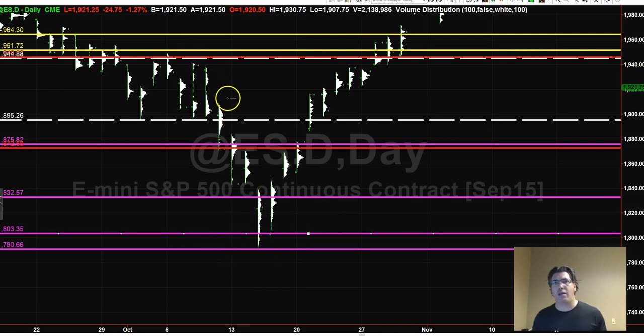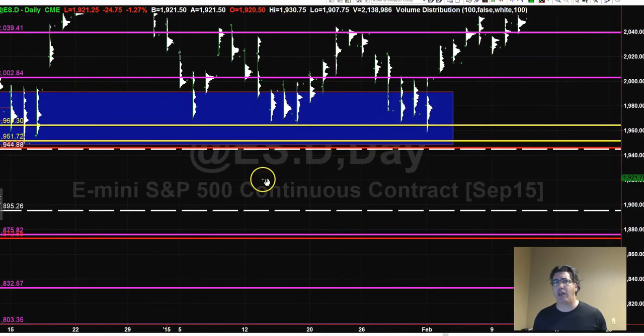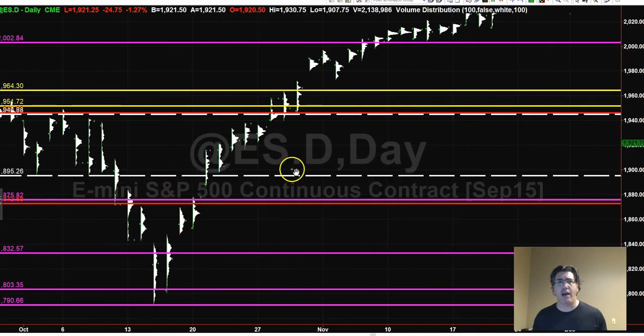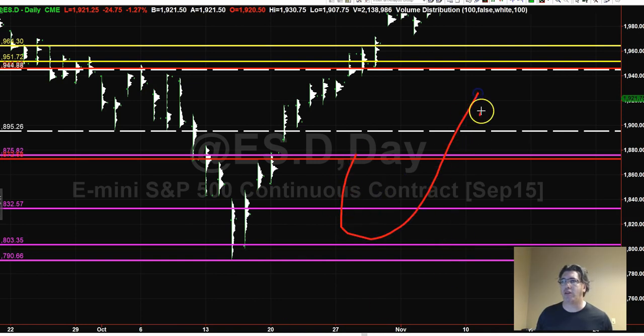If you look at the number of down days that we tend to have, or what happens after we have down periods, we have a pretty good model for that, right? If we take away everything that we've learned, and you can go back and see what the key areas are, we now know that we had strong responsive buyers between 1832 and 1790. So all the way through this area, I am looking for big hooks back up.